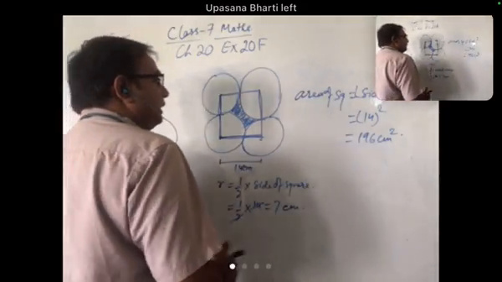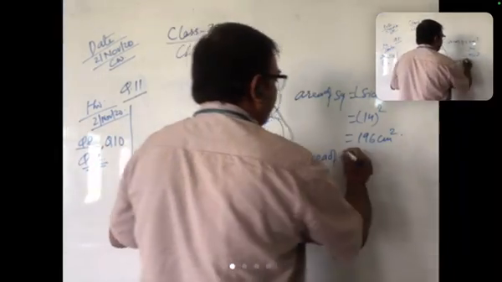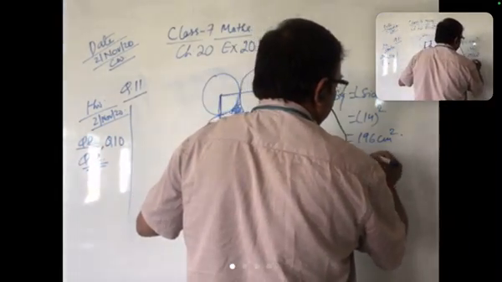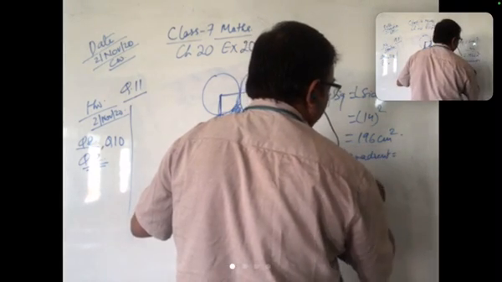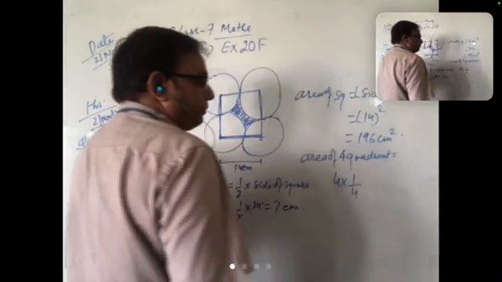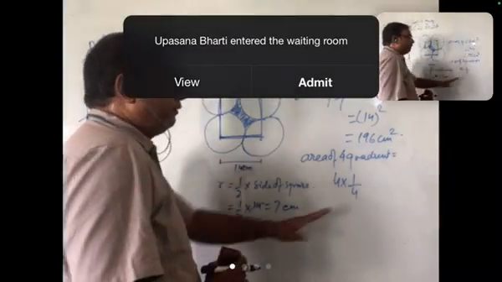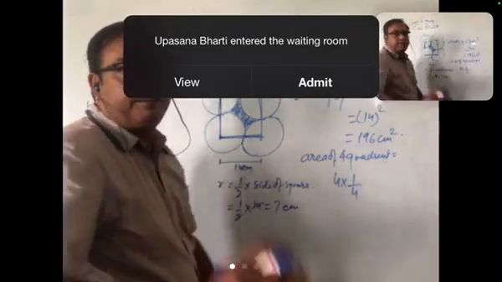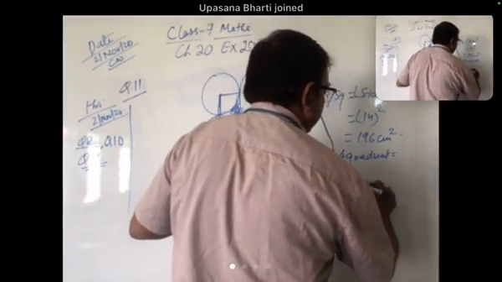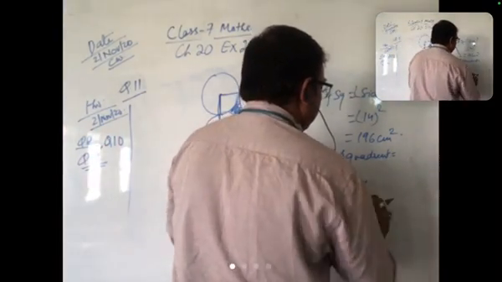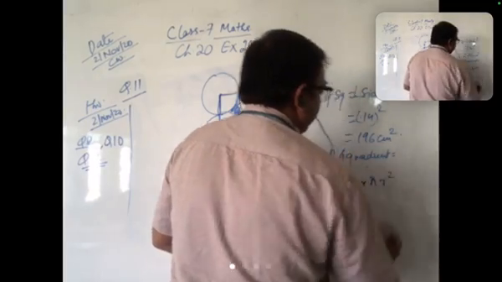Clear? Now the area of four quadrant means 4 multiplied by 1/4 part of a circle, that is pi r square.